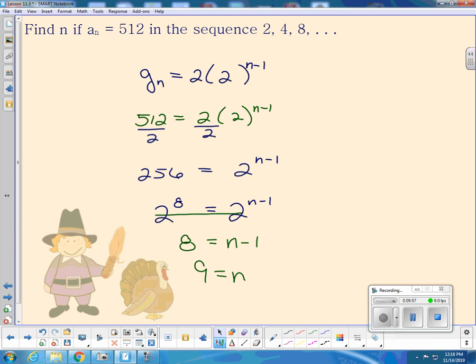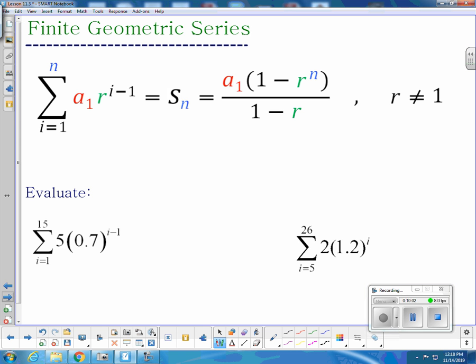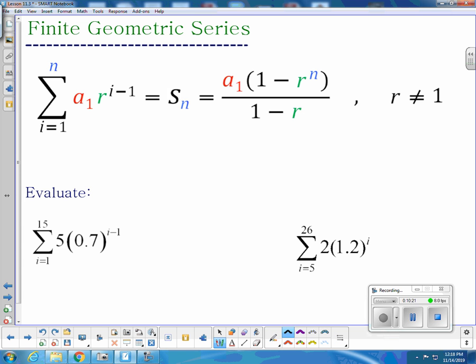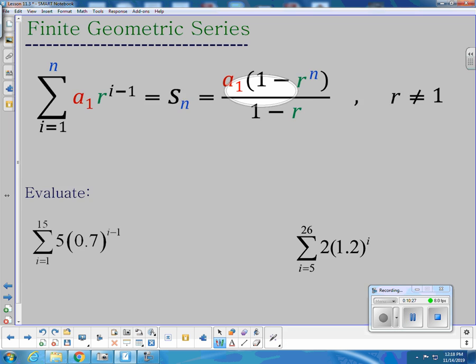All right, that's sequences. Now we're going to do series. So a geometric series, again, we're adding up so many terms of a sequence. When you have the summation of a geometric sequence, the formula, we're just looking at this part. That's what you want to write down.